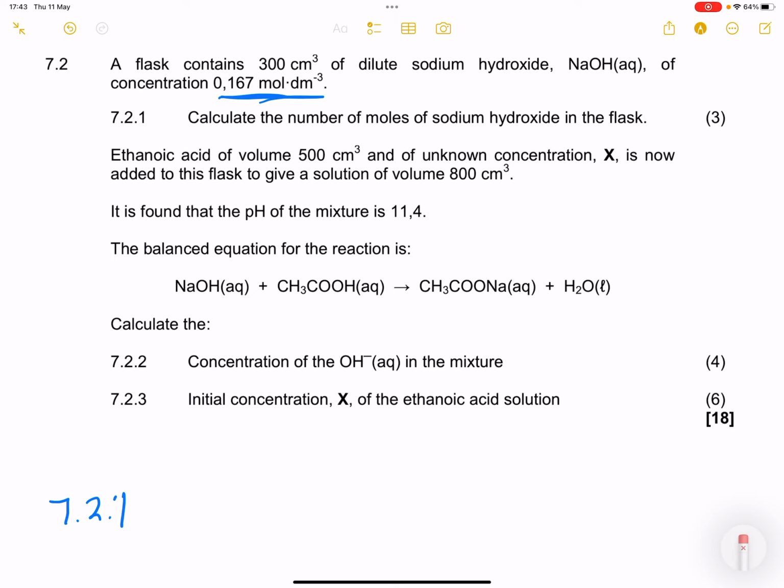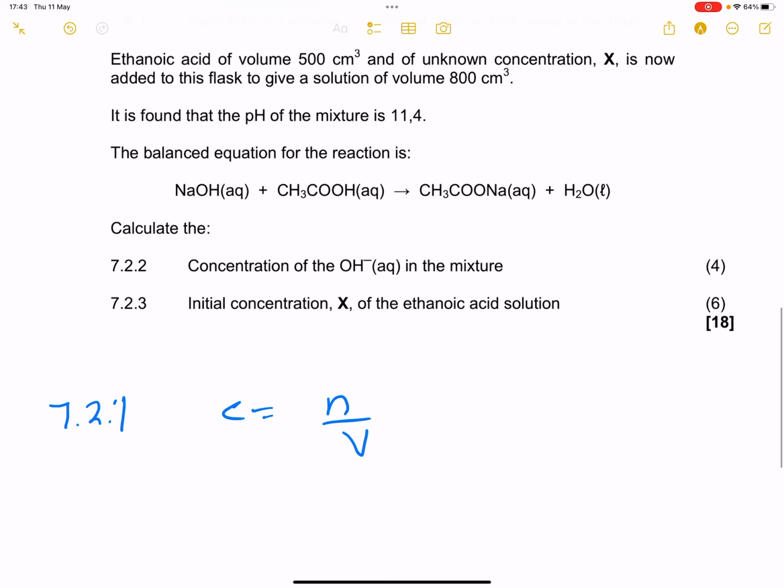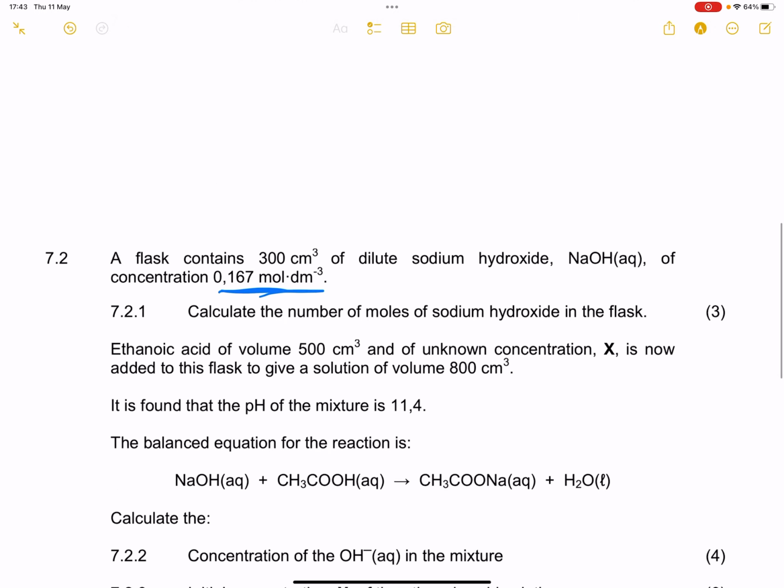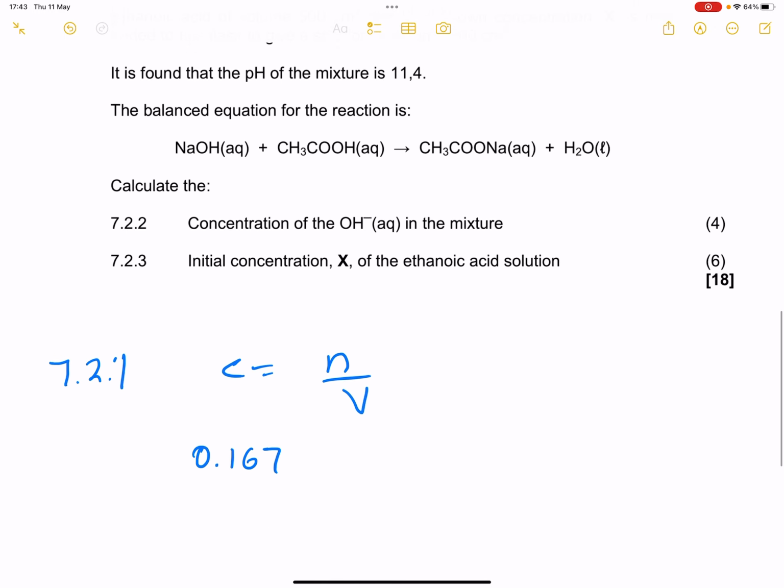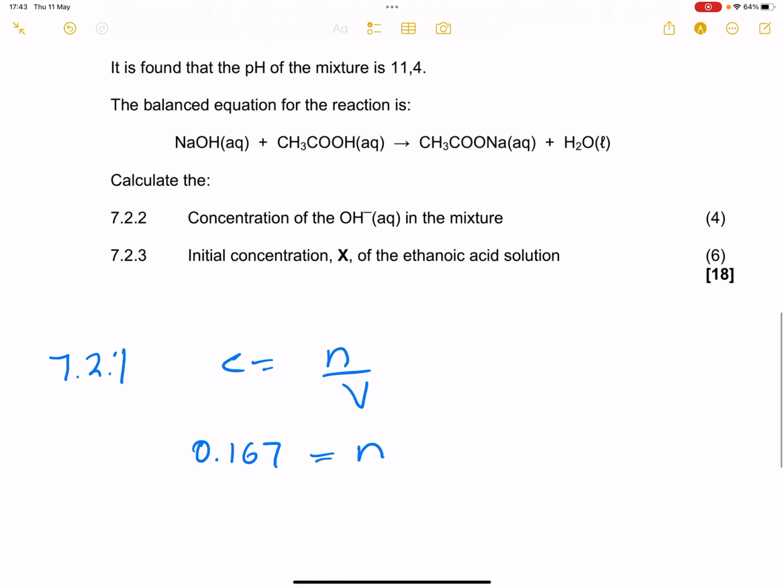So we know that concentration is number of moles divided by the volume. Our concentration is 0.167, I believe. We want the number of moles, but our volume was given as 300. But please remember, we must convert it to cubic decimeters. So we do that by dividing it by 1,000. That gives us 0.3.